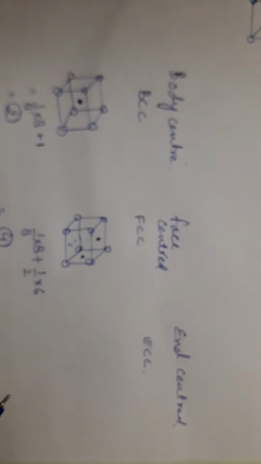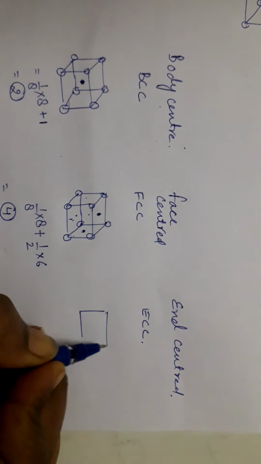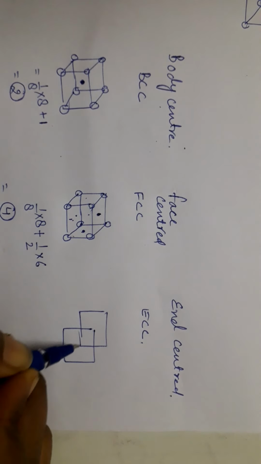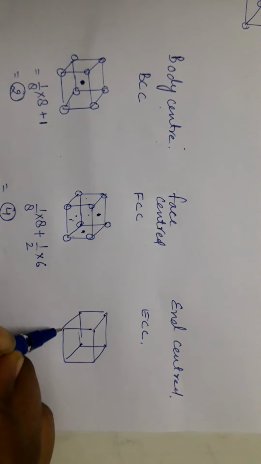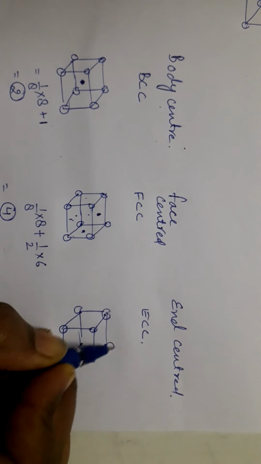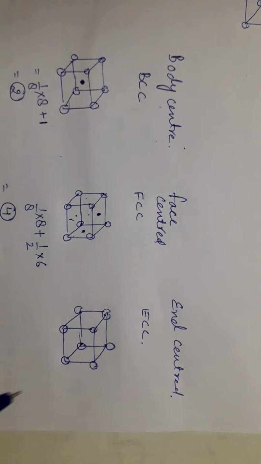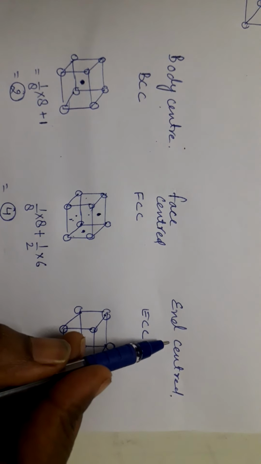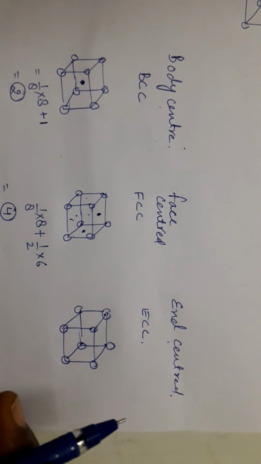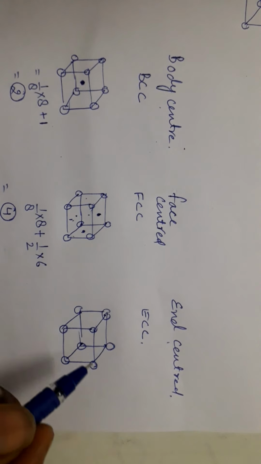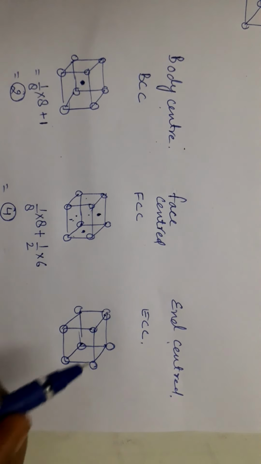In end-centered unit cells, the atoms are present at the corners, right? Same as in the simple, body-centered, and face-centered unit cells. But here in the end-centered arrangement, 2 atoms are present at two opposite faces.